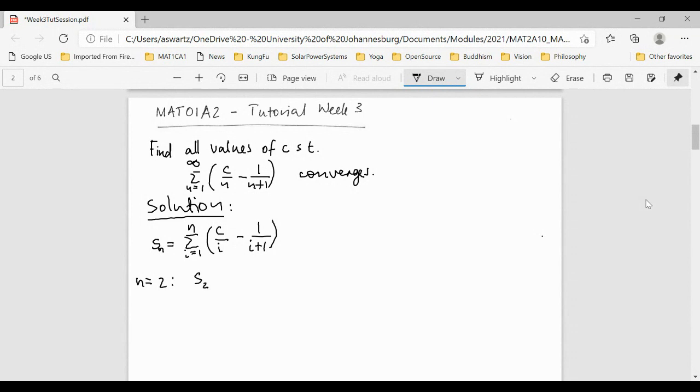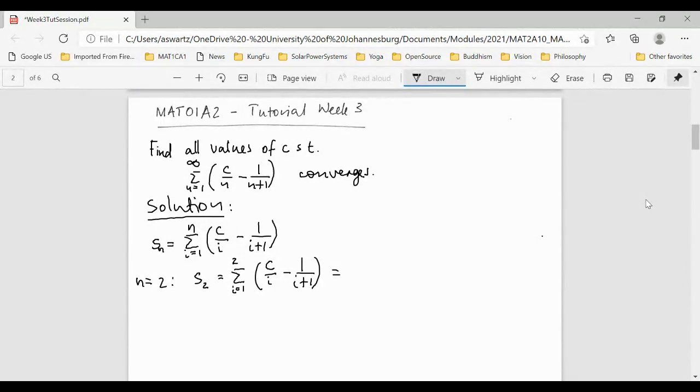So S2 will be the sum i from 1 to 2 of C divided by i minus 1 divided by i plus 1.